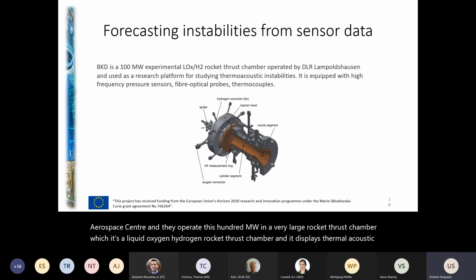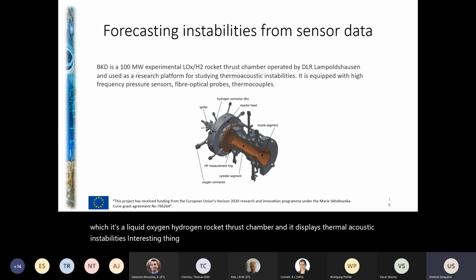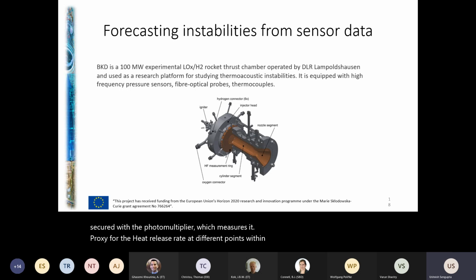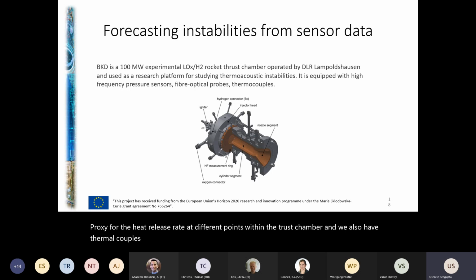It's equipped with high frequency pressure sensors, and a photomultiplier, which is a proxy for the heat release rate at different points within the thrust chamber. We also have thermocouples near the injectors and elsewhere to measure the temperature of the system at different points.